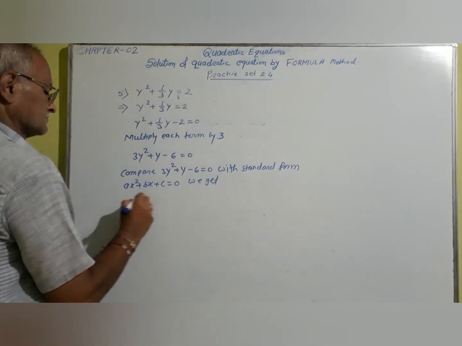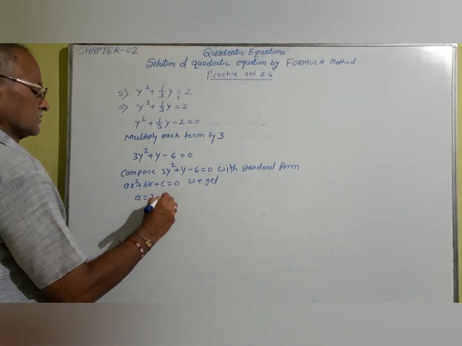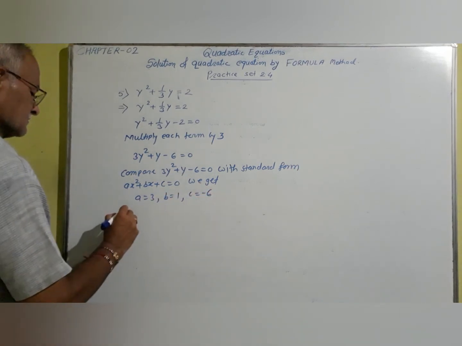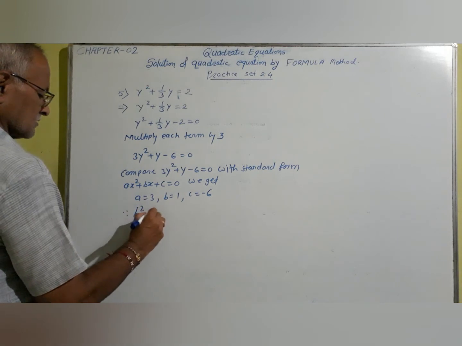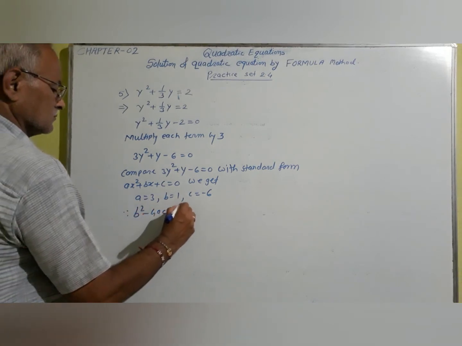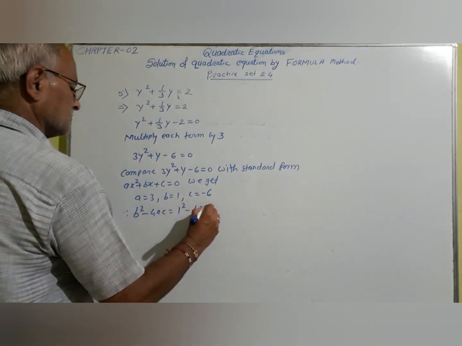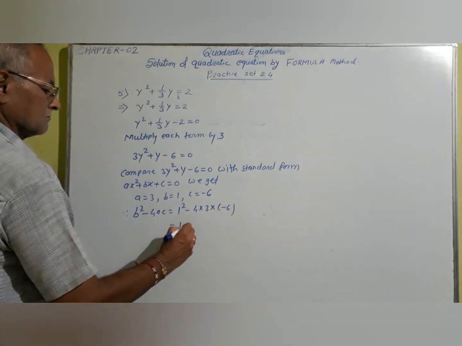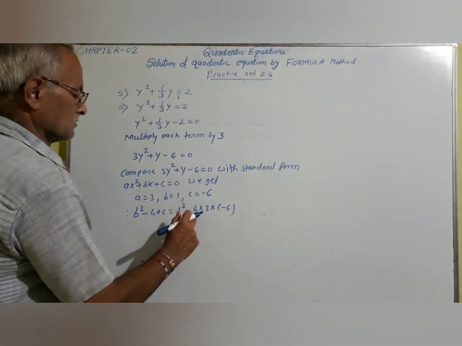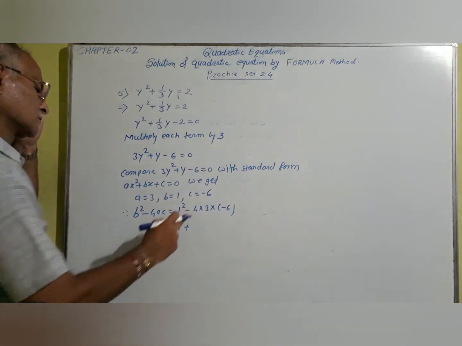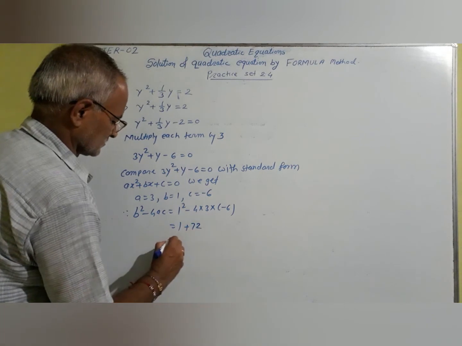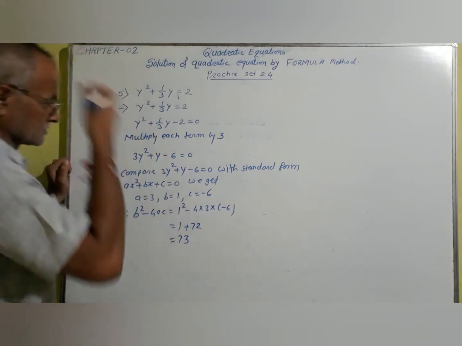We get a is equal to 3, b is equal to 1, c is equal to minus 6. Therefore, b square minus 4ac is equal to 1 square minus 4 multiplied by a multiplied by c. That is 1, minus minus plus, 4 3s are 12, 12 6s are 72. That is equal to 73.